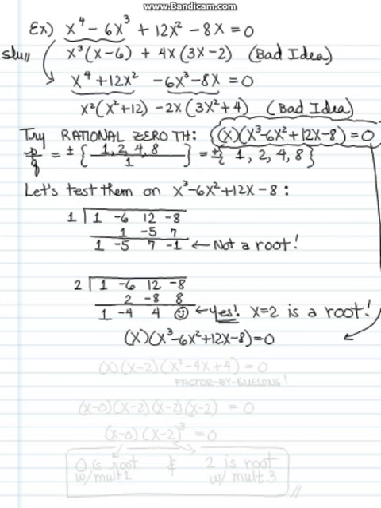But we were able to factor further, so now we have x times x minus the root that we just found, 2, times 1 degree lower from x cubed, which would be x squared minus 4x plus 4 equals 0.